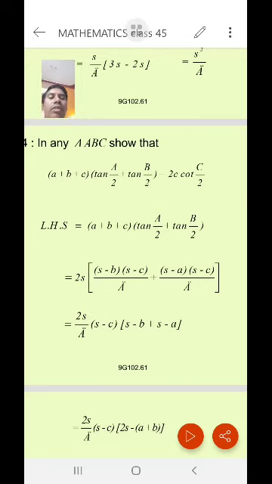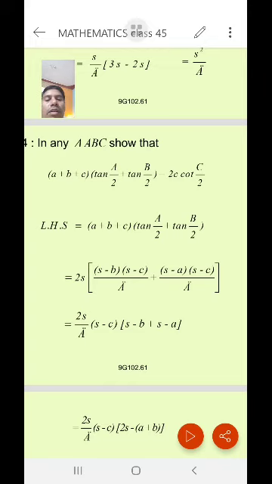So here two factors. a plus b plus c we can write 2s, and tan A by 2 is expressed as s minus b into s minus c by delta, plus tan B by 2 we can write s minus a into s minus c by delta, and both the denominators are the same in the two fractions.